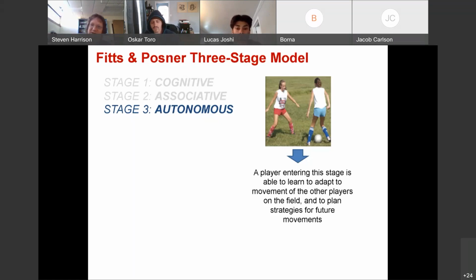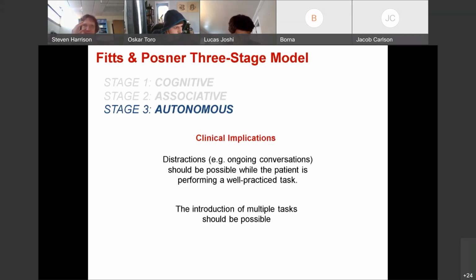So we've mastered a subcomponent of the skill, and when you've reached the autonomous stage for that sub skill, it opens the door to you being able to more effectively engage in learning the more complex forms of that activity.